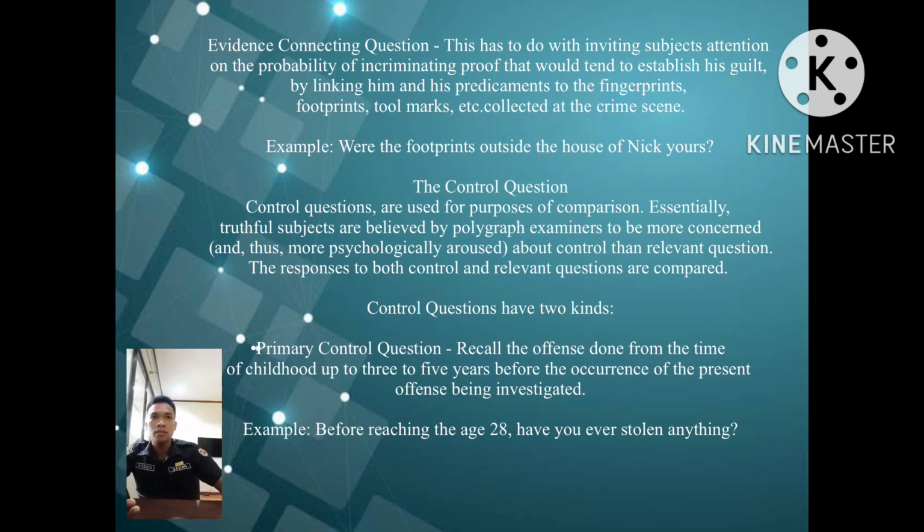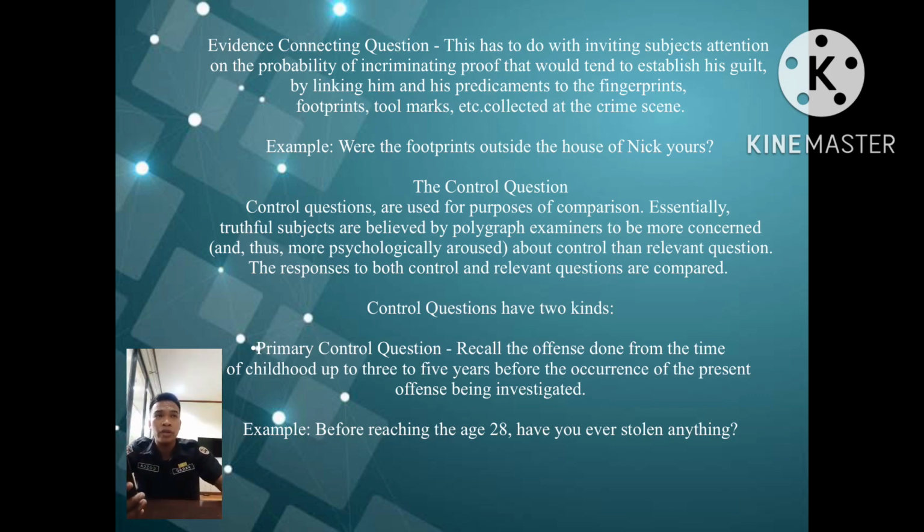So there are questions that are not yet related to the questions given. The responses to both control and relevant questions are compared.